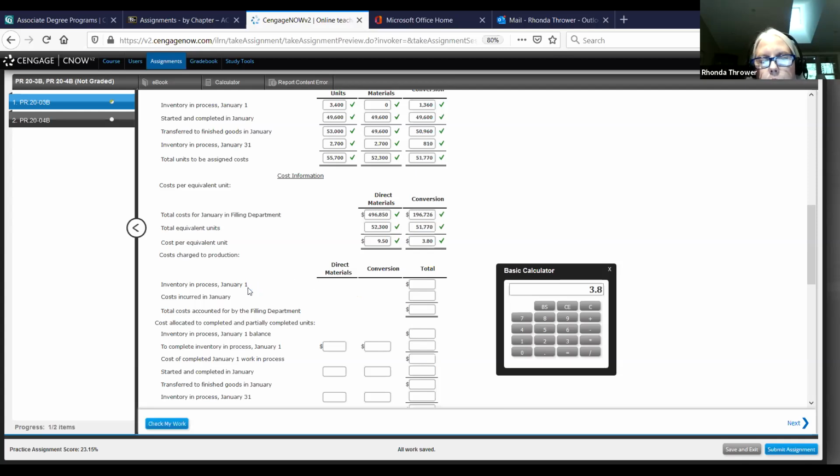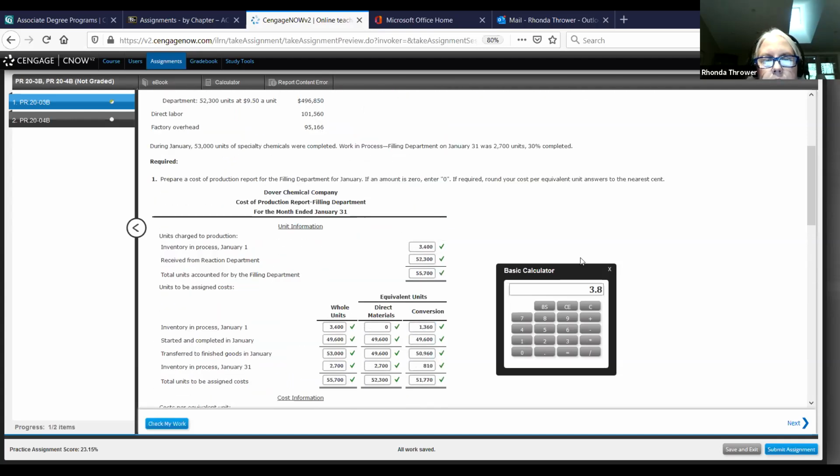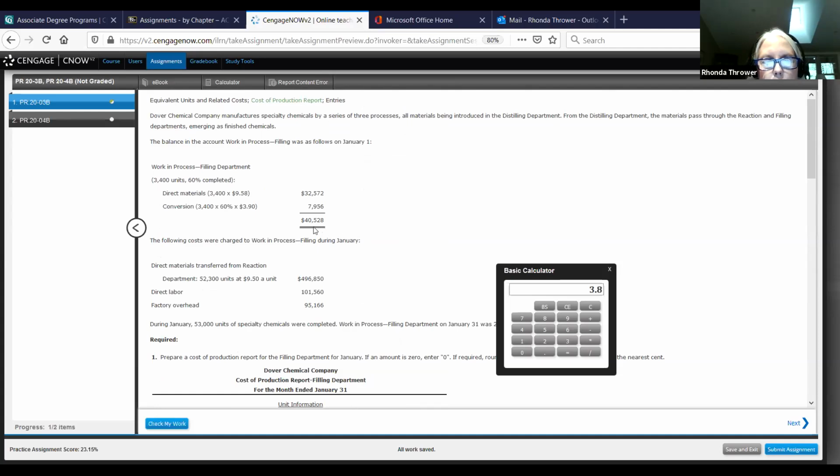What I'm going to do is start with my beginning inventory cost. Remember, the beginning inventory cost was given to you. The beginning inventory cost is $40,528.